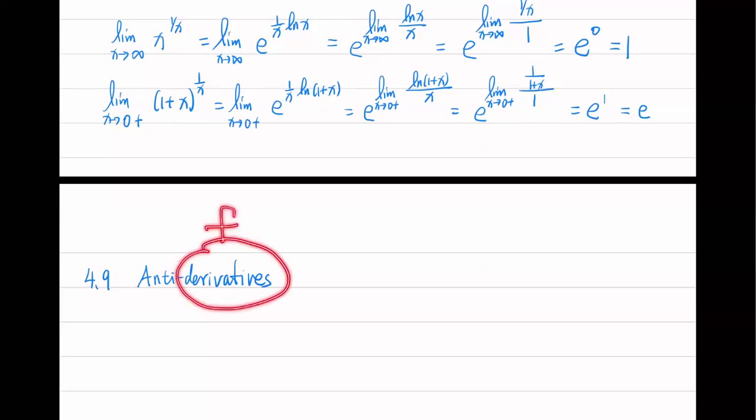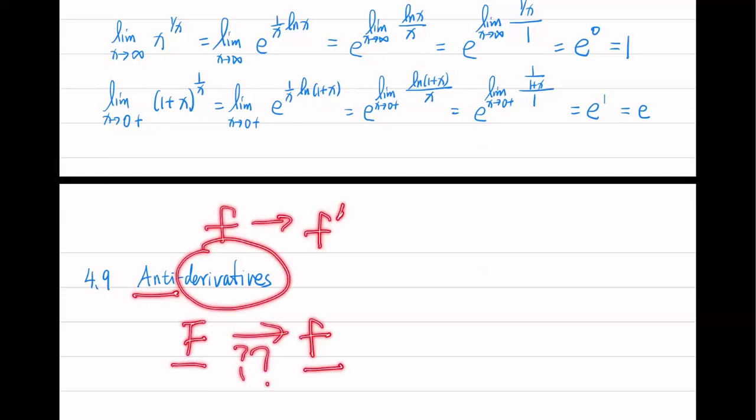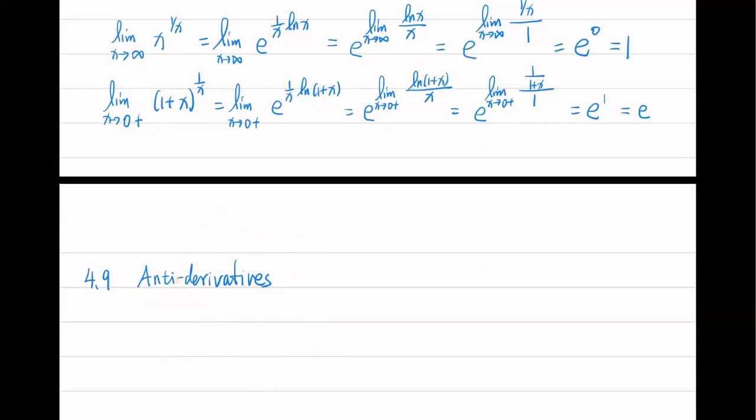Given a function f, we find the derivative. So this antiderivative is we go the other way. We are given some function, and we want to find a function whose derivative is f. Okay, that's antiderivative.